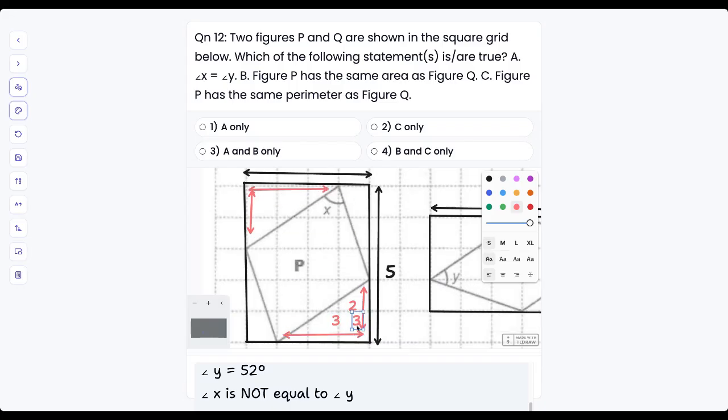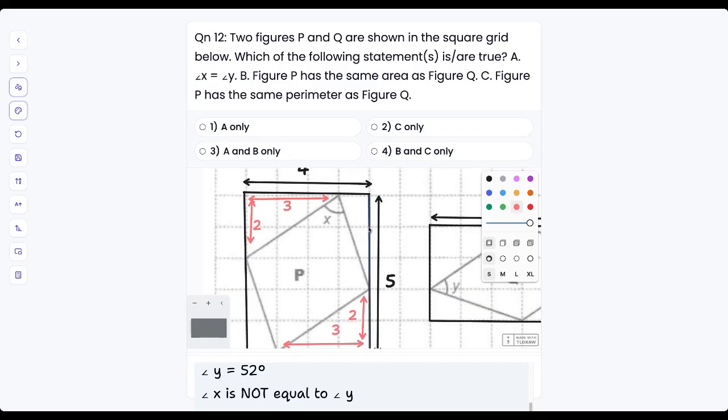That means this is 3 and this is 2. Then we do the same with the other triangle over here. Let me point an arrow. This little one is 1, and this little one is 3. So I can put 1 over here and 3 over here.